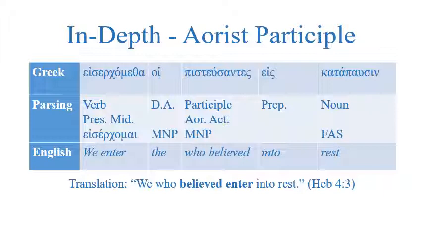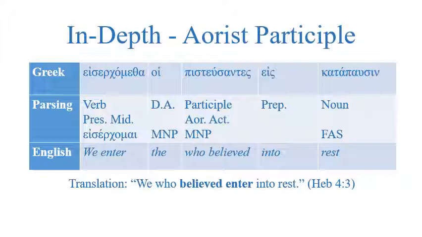Eis is our preposition, followed by an accusative, katapausin, a noun that's feminine accusative singular, and it means rest. It has an interesting ending on it, sigma iota nu, because it's third declension.